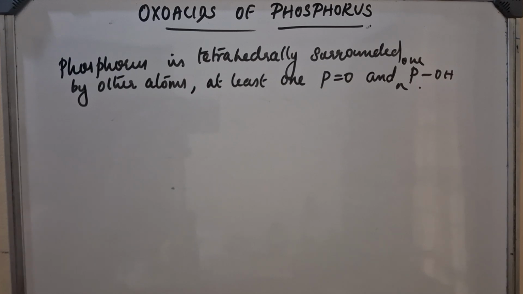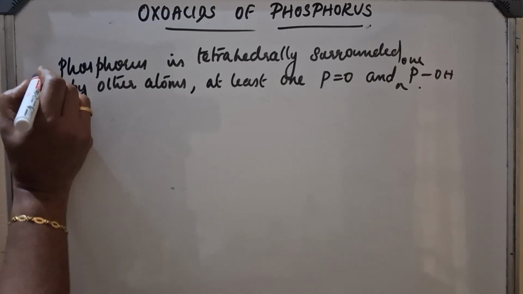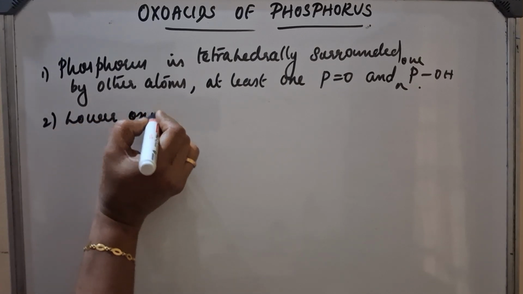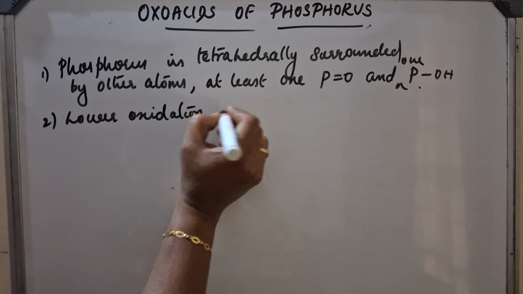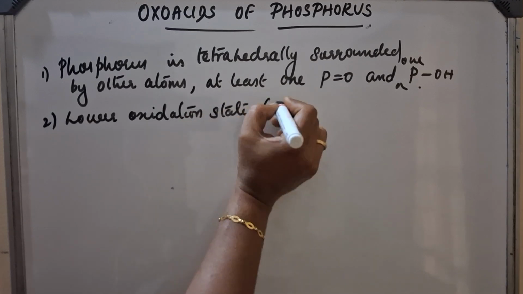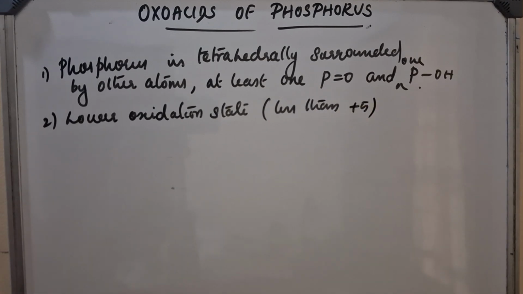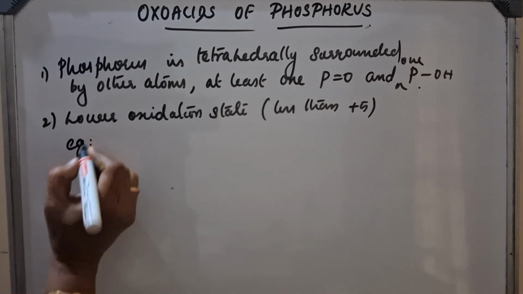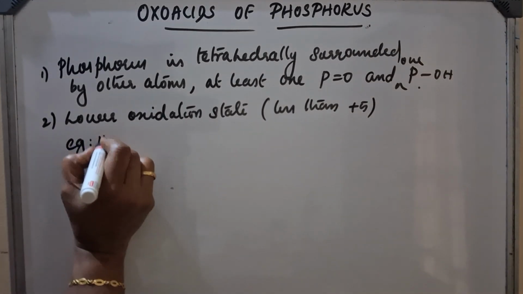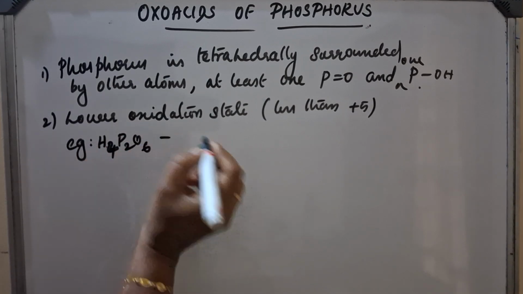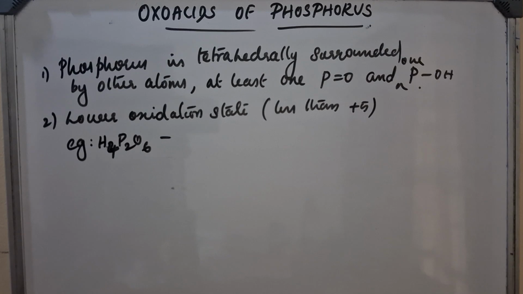Now, second point, those with a lower oxidation state. Lower oxidation state means oxidation state less than +5. Such compounds have either P-P or P-H bonds. For example, H4P2O6 contains a P-P bond.